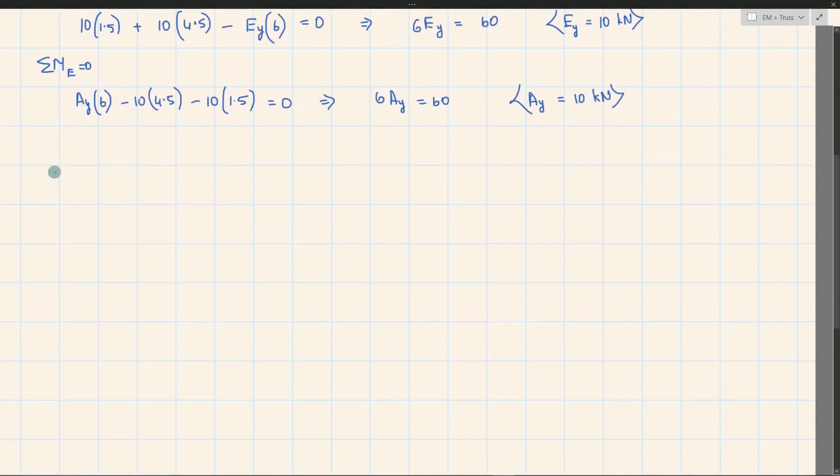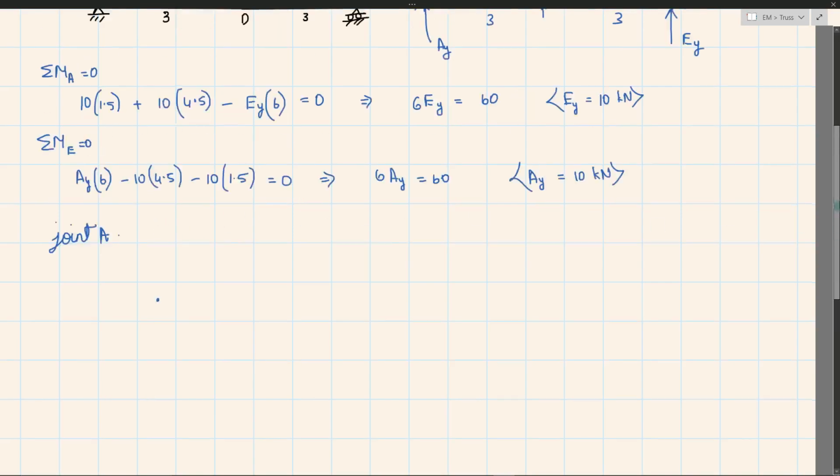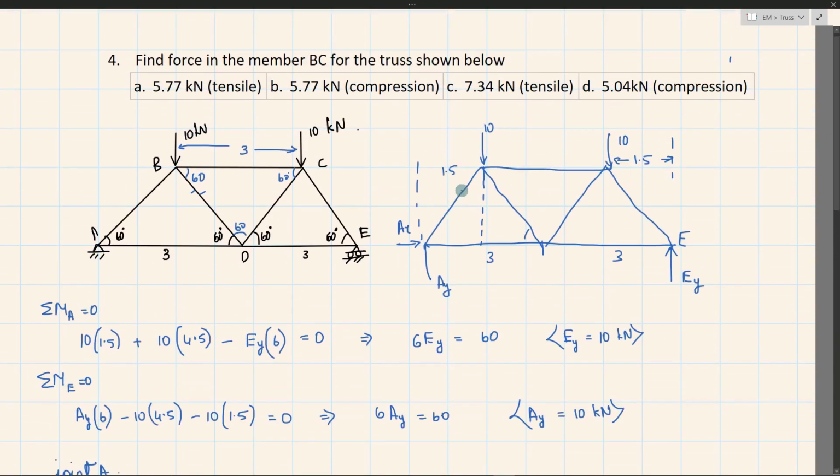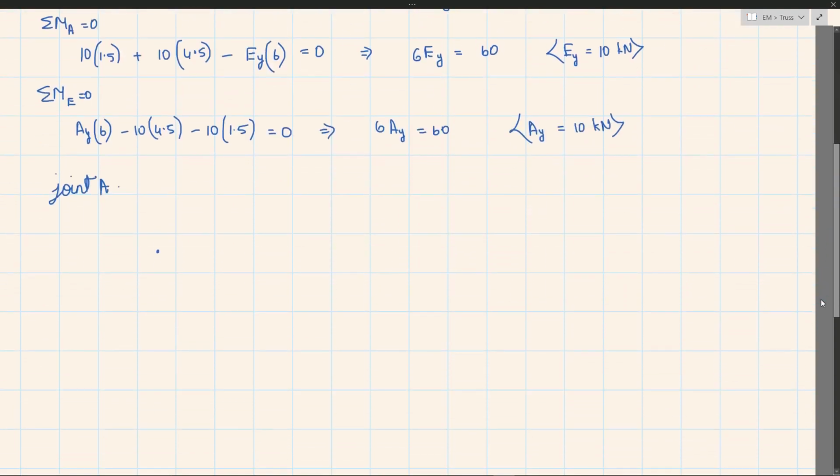Okay, so now I'll consider joint A. The free body diagram for joint A is, so I have one force here to joint B and to joint D, and two reactive forces, something like this: AX, AY, FAB and FAD.